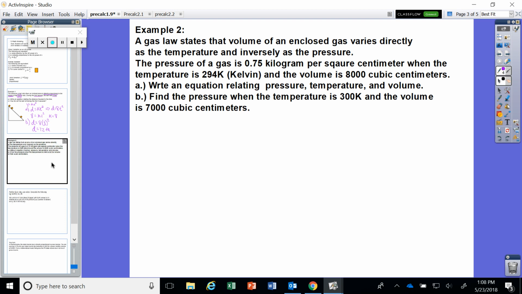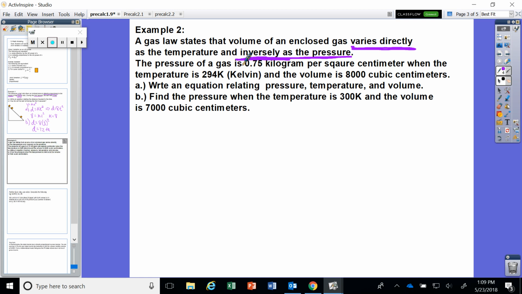It says a gas law states that the volume of an enclosed gas varies directly, so once again, direct variation that we're dealing with, as the temperature and inversely as the pressure. So we're dealing with both inverse and direct variation. So direct to the temperature and inverse to the pressure.